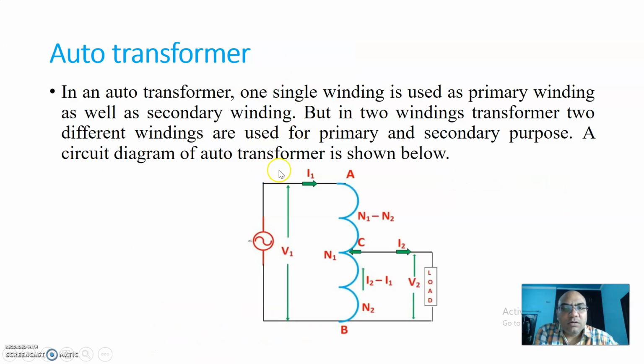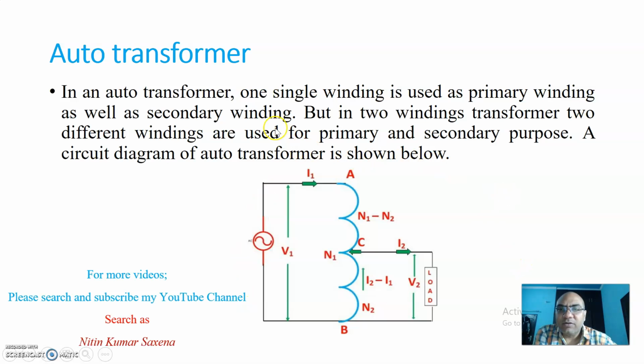So here you see this figure shows an auto transformer. Here you will see the single winding is used for both the circuit, primary as well as secondary. So we can say that in auto transformer, one winding is used as primary as well as secondary winding.